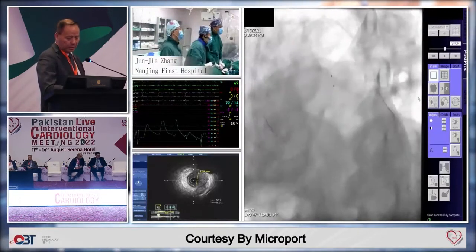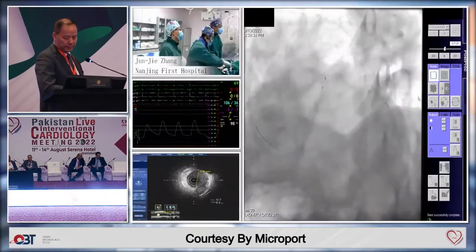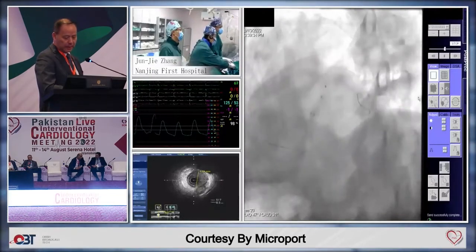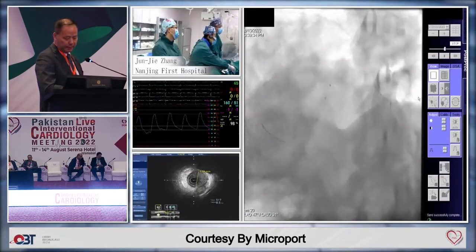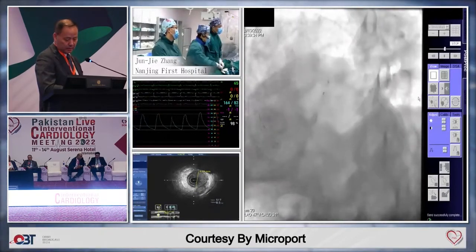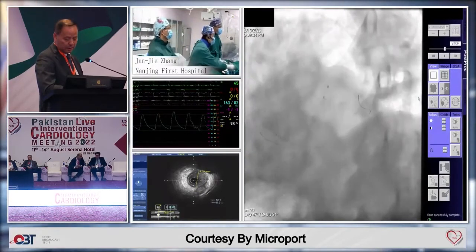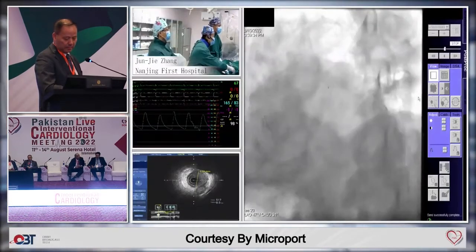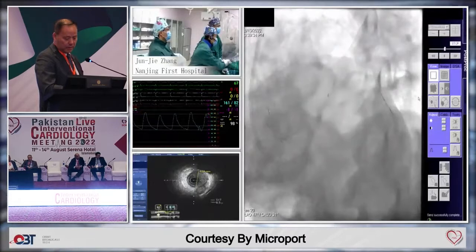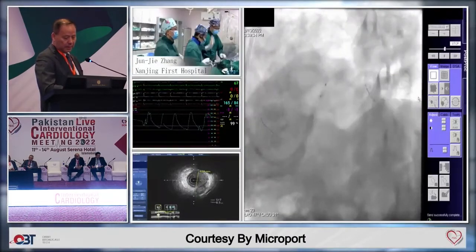Okay. So because the image quality is not perfect, we could not see clearly how long is the protrusion of the side stent into the left main. From our side, maybe 3 to 4 millimeter protruding into the left main.